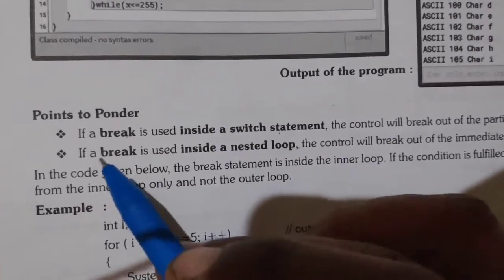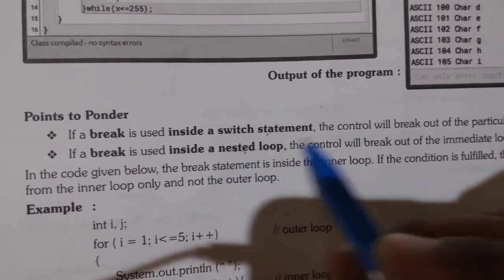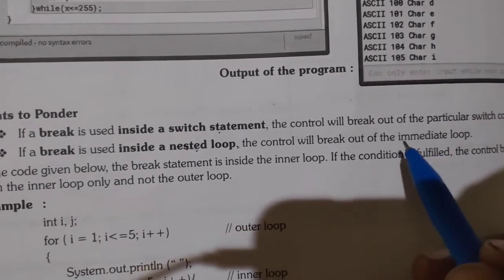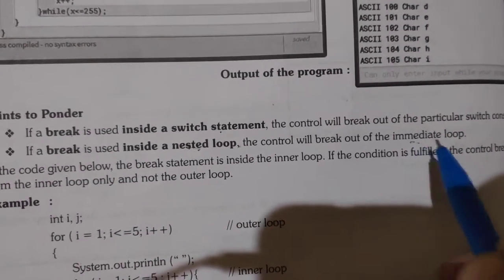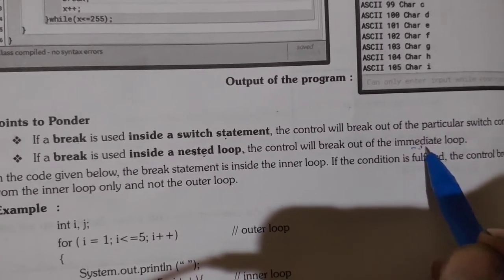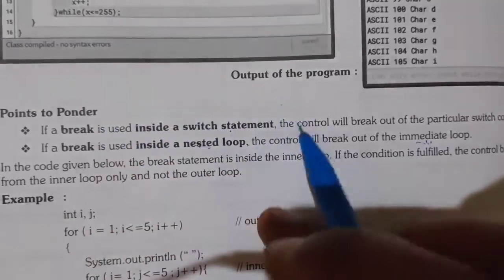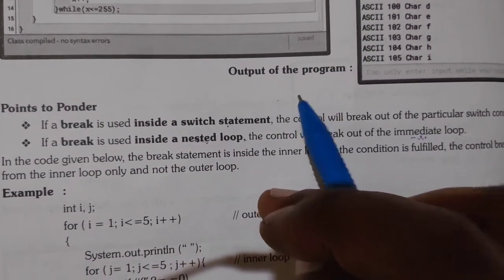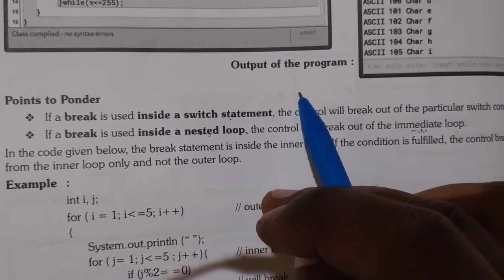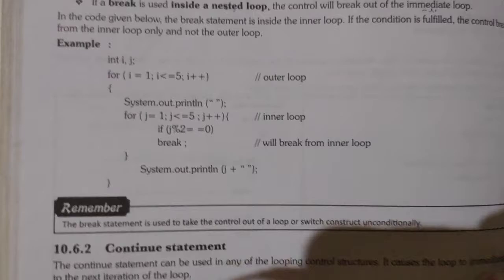Second is, if the break is used inside a nested loop, meaning a loop within a loop, then it will stop the immediate loop. The immediate loop is the loop inside which the break keyword is written. So suppose the break keyword is inside the inner loop, then only the inner loop will stop, not the outer. But if the break keyword is written inside the outer loop, then it will stop the outer loop also.